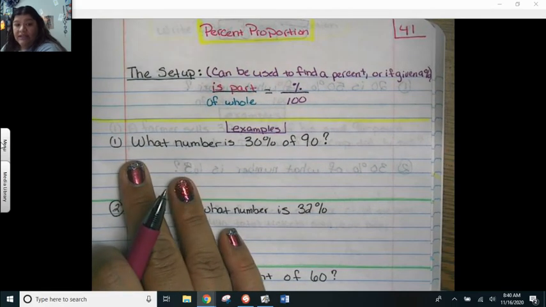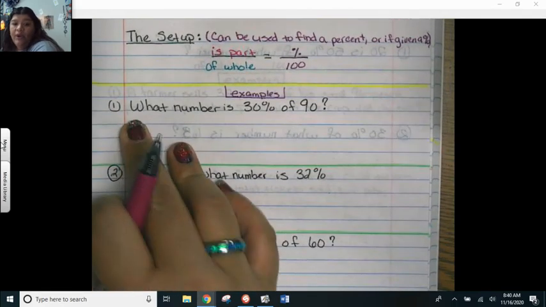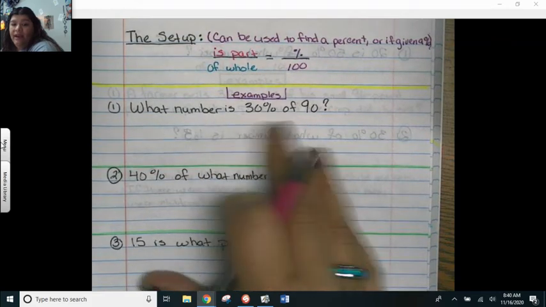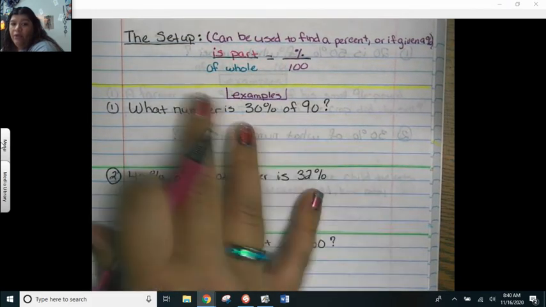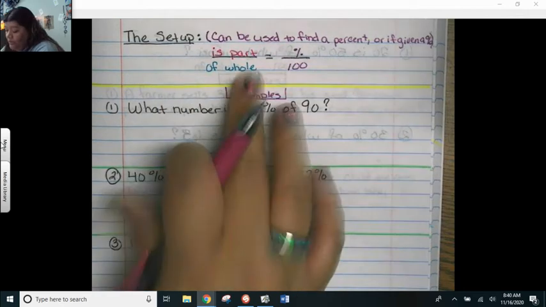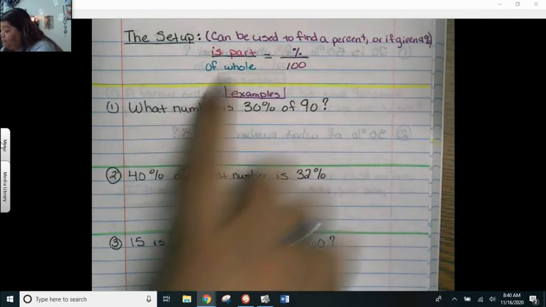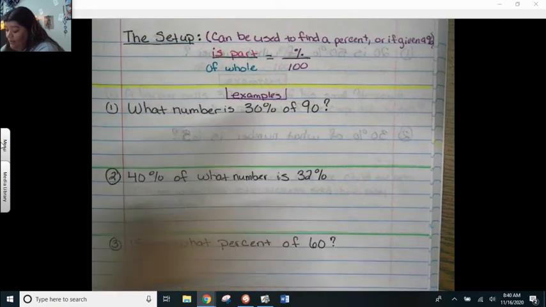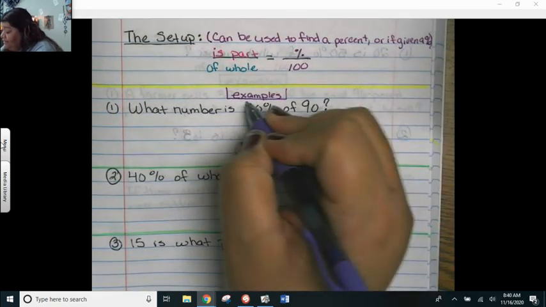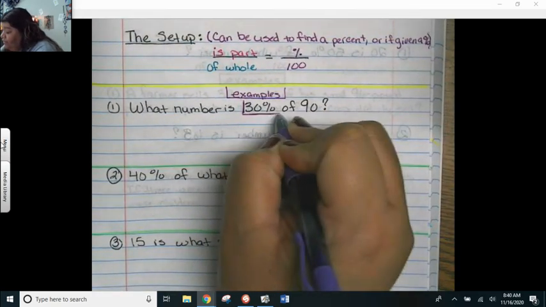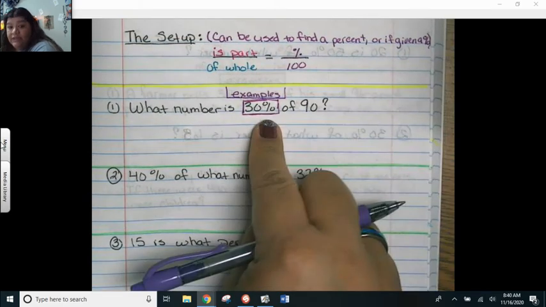So the first question is, what number is 30% of 90? We're going to refer back to our percent proportion. If you look here, I see a percent right there. That is the easiest number to find, 30%.